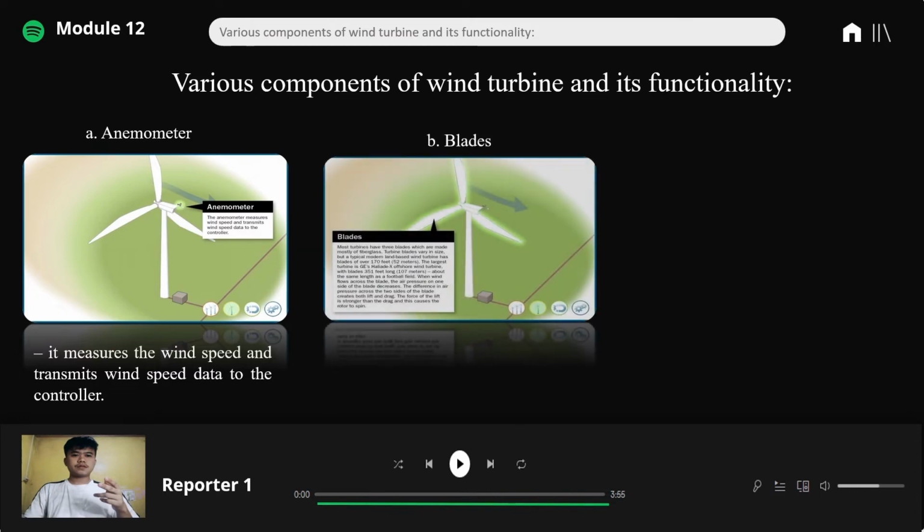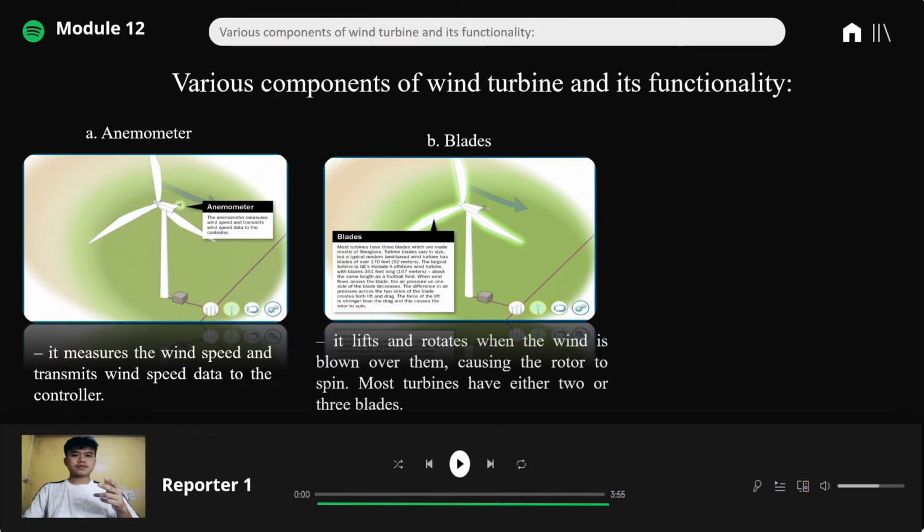Second, we have blades. Blades play a vital role in the small windmill system. They lift and rotate when the wind is blown over them, causing the rotor to spin. Most turbines have either 2 or 3 blades.